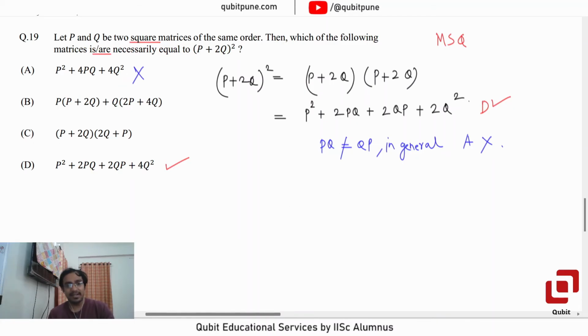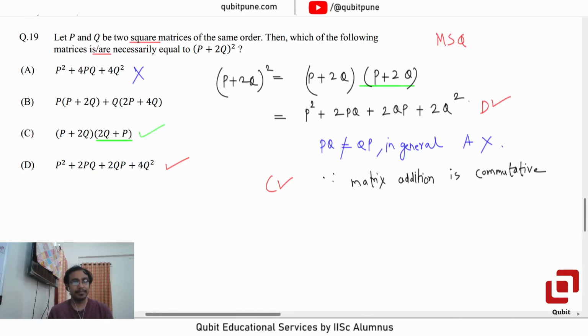Option C is right, because matrix addition is commutative. Matrix addition is commutative, so A plus B will be B plus A. So when I write P plus 2Q into P plus 2Q, I may reverse this order and write 2Q plus P. That's fine. It's not going to change. So C is right.